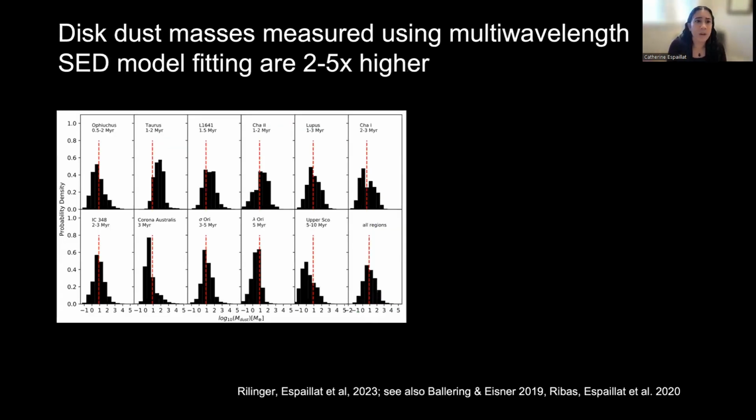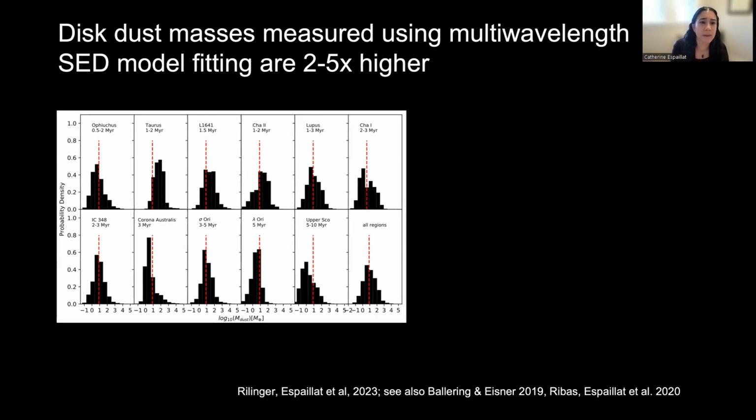So I told you earlier about the study that was led by my graduate student, Annalisa Rillinger, who looked at dust settling. Well, we also measured the dust masses using broadband SEDs. And on the left are the dust masses that we measured using the 400 disks in the sample. The red dotted line corresponds to 8 Earth masses, which is just the median to guide the eye.